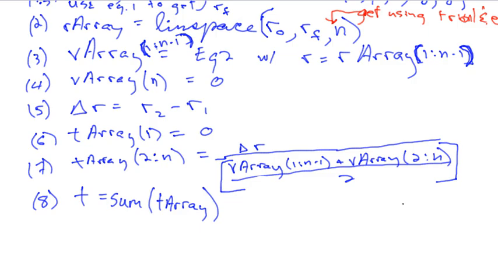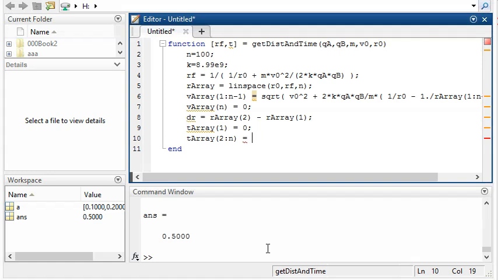I have delta r divided by that. I'm actually going to bring that up there, so I got 2 times delta r. In other words, multiply top and bottom by 2. 2 times delta r, and then divided by that whole fraction there.